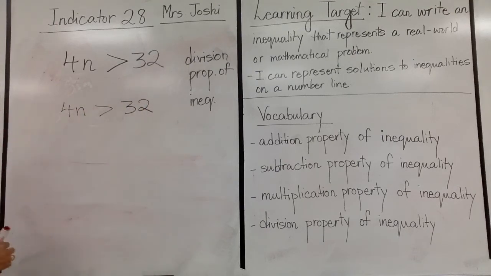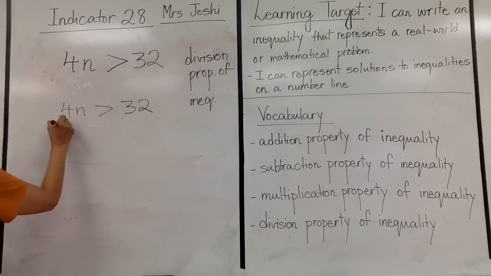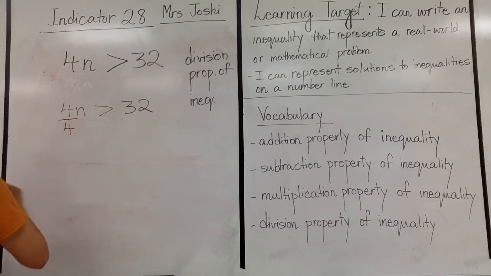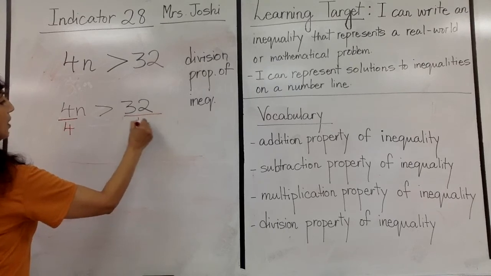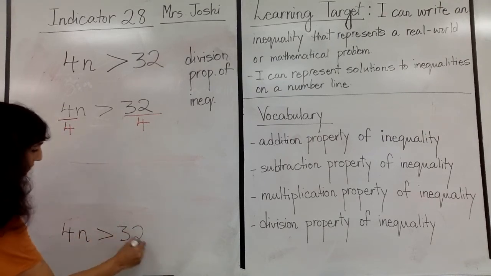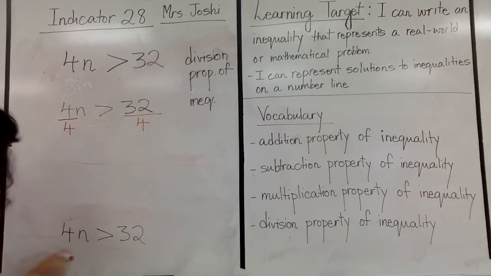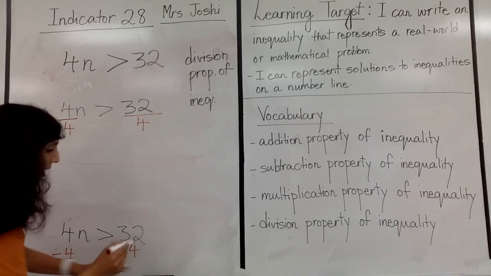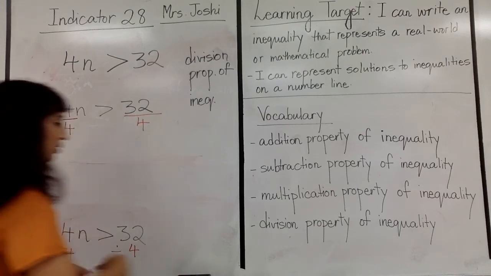Okay, now division you can show either as a fraction line where you're dividing 4 by 4 or 32 by 4, or if you wrote it like 4n is greater than 32, divided by 4 or divided by 4, that is both perfectly fine.